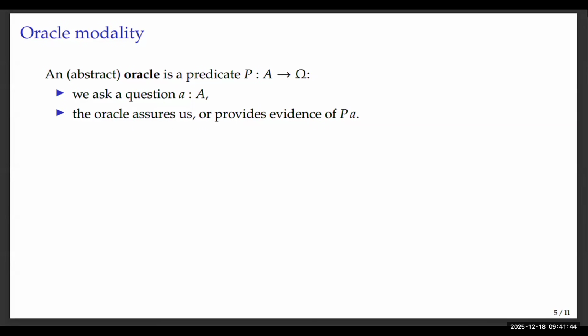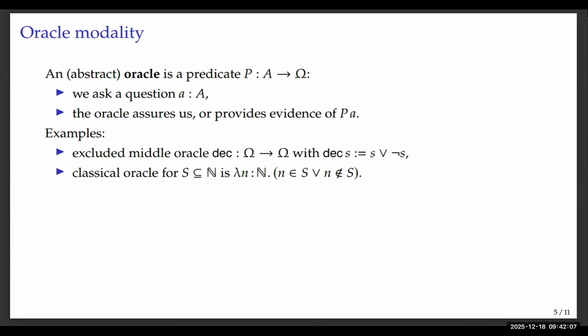Elements of A are the questions that we ask. And then we imagine that there would be an oracle, and getting an answer to the question would mean that we are assured that P of a holds, or, if you want a more constructive reading, that we get evidence of P of a.